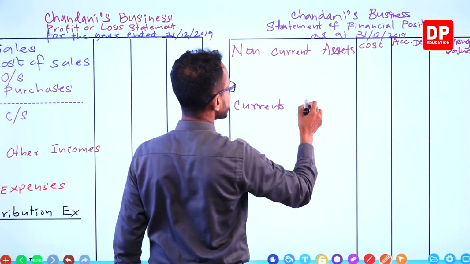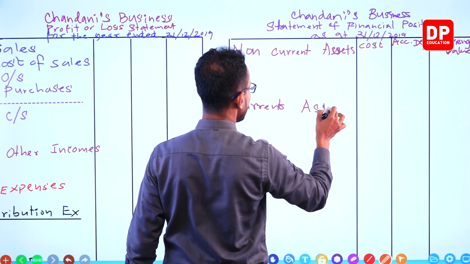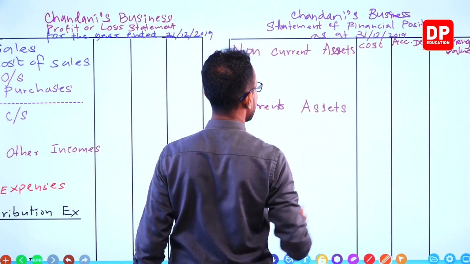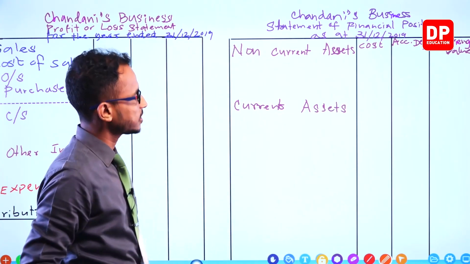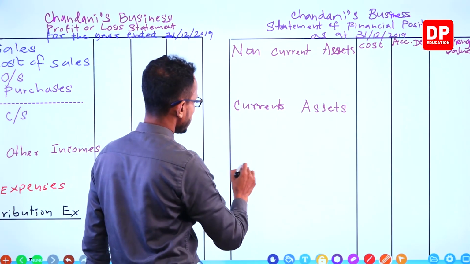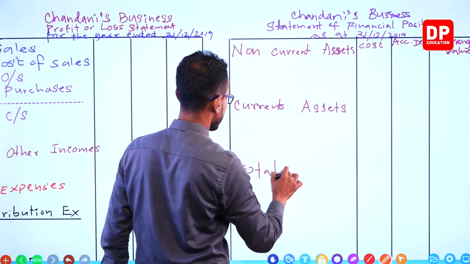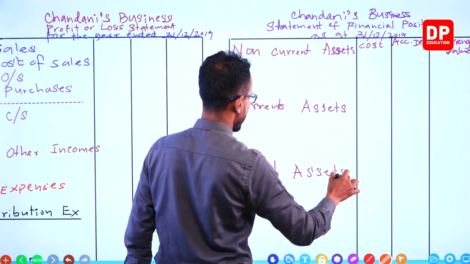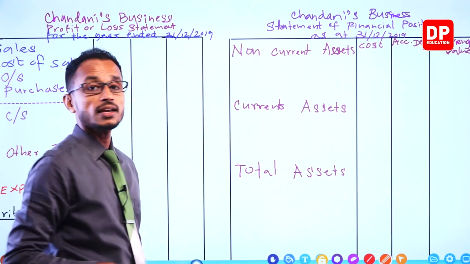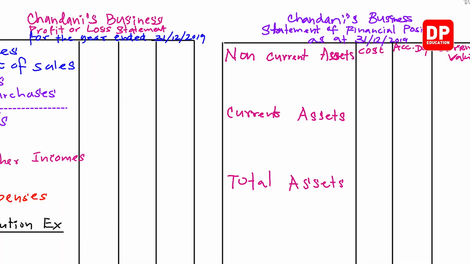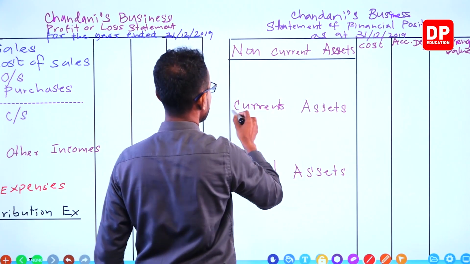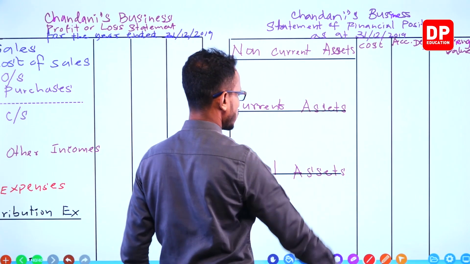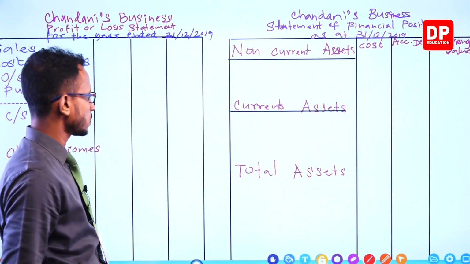Then current assets, leave at least four lines for current assets. Then you get total assets. When you add up non-current and current assets, you get total assets. Got it.